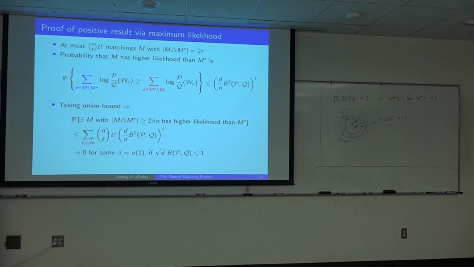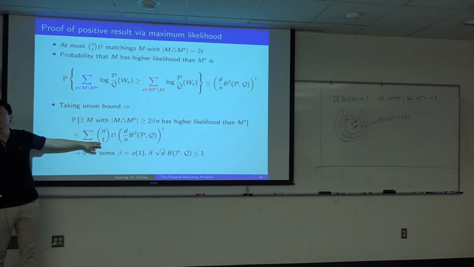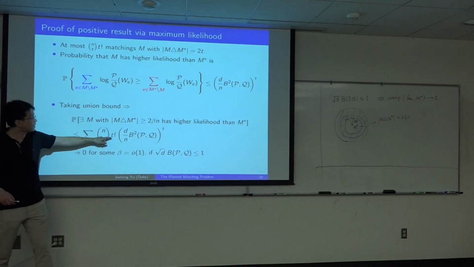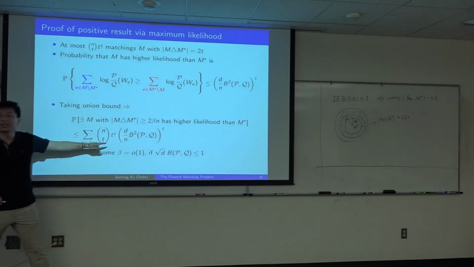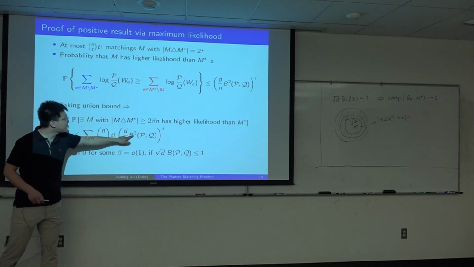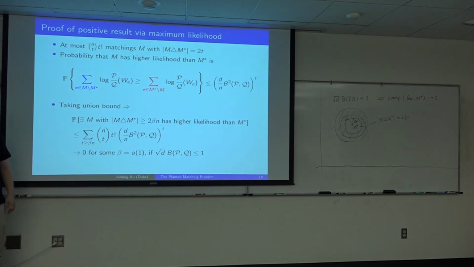Okay, now the crucial thing is that this one, you can roughly upper bound by n to the t, and then this will cancel this n to the t here. This is actually where d times the Bhattacharyya coefficient squared, like pq, comes from. And if this is strictly less than 1, then this sum already goes to 0, if you properly choose some beta little n.